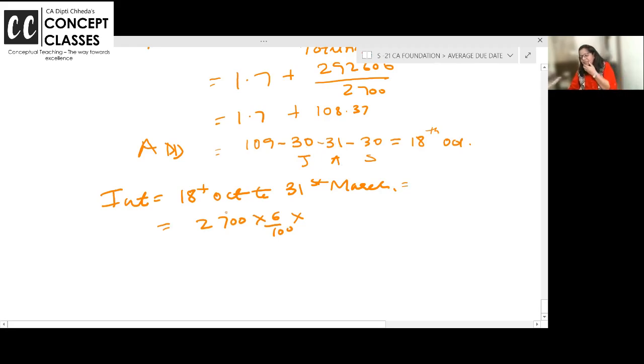This problem is becoming lengthy because we are doing with both the methods. Otherwise, it's easy. Calculate the average due date of all the drawings, and from the average due date till 31st March, you calculate the interest. 1 second on this.